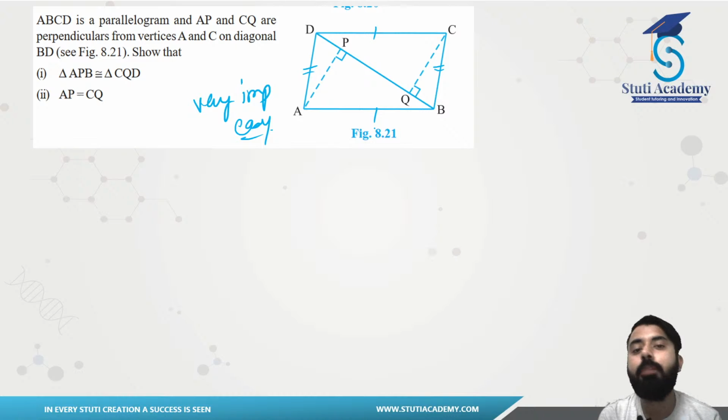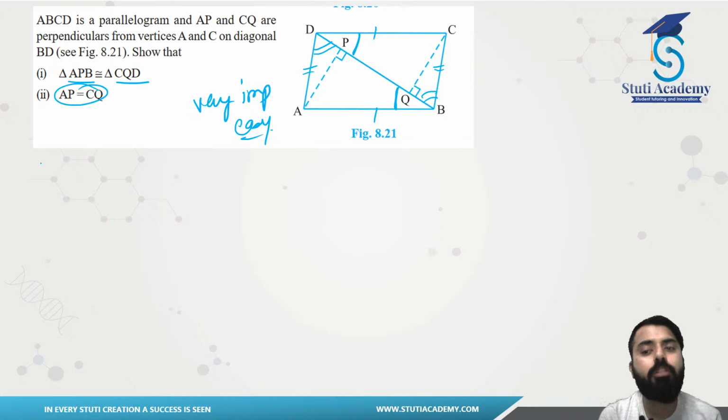Pair of alternate interior angles will be equal. So this angle will be equal to that one, and this angle will be equal to that one. So you just have to show APB is congruent to CQD and AP is equal to CQ. Now you can write given on your own, which is quite easy to write.